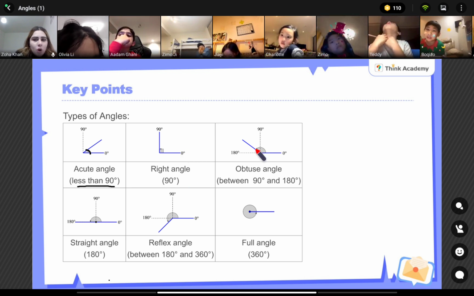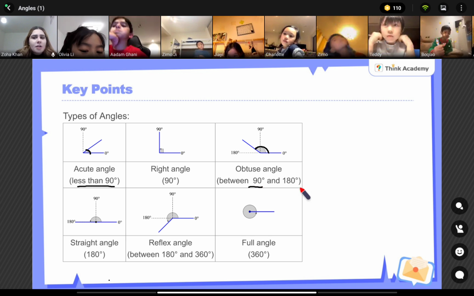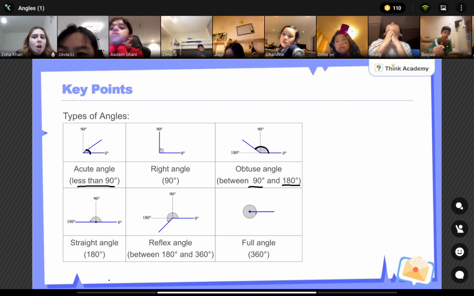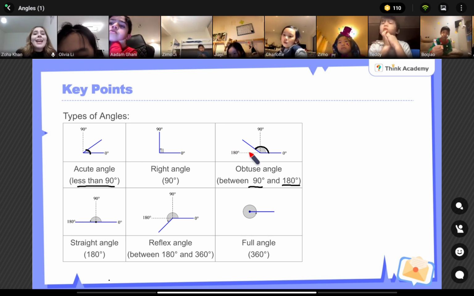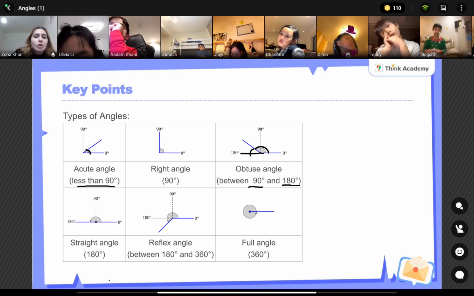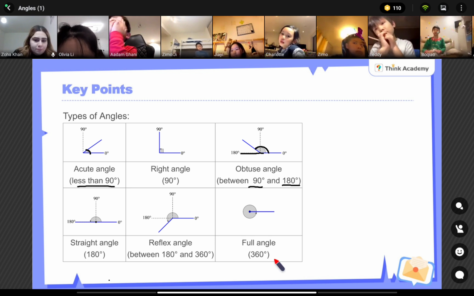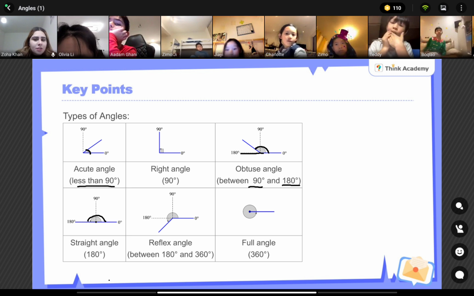An obtuse angle is like this. It's bigger than 90 degrees, but less than 180 degrees, okay? So it's bigger than 90 degrees, but it has to be less than 180. Look, this is 180. It's a straight turn, but it's not. It has to be less than 180, okay? Straight angle like this is 180 degrees.